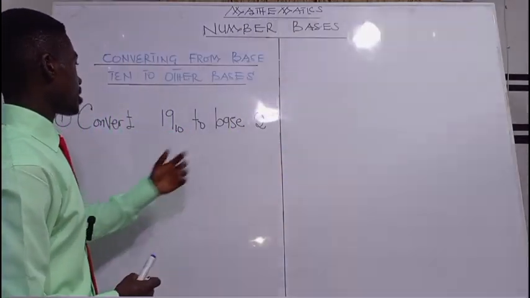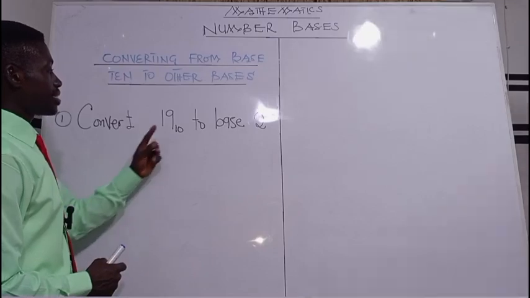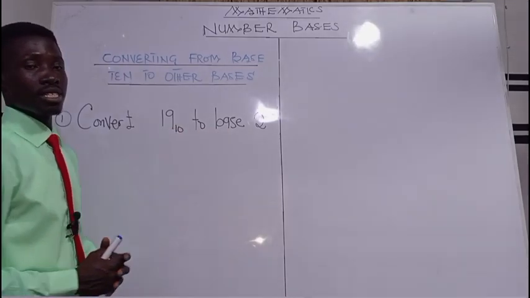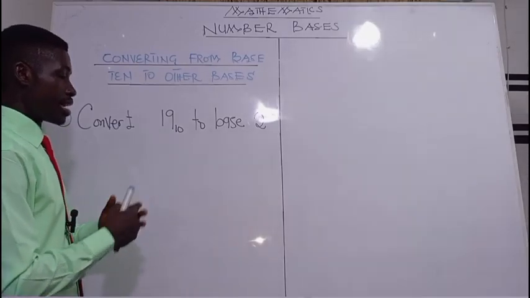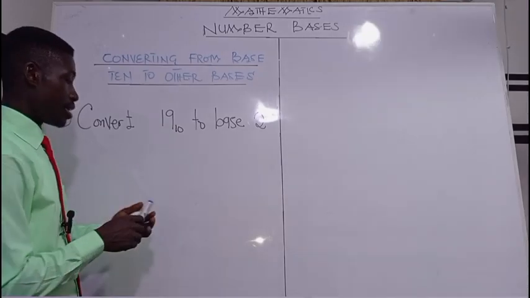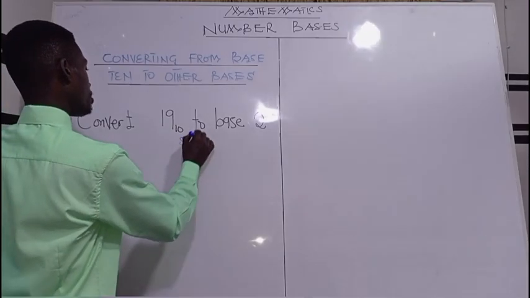So we have our first example. We have to convert 19 base 10 to base 2. As I said earlier, to do that we are going to use three columns. So let's draw our three columns.